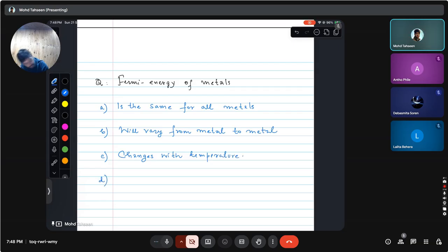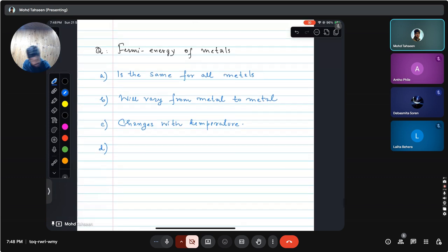And D is highest at room temperature. So what is the correct option for this one?